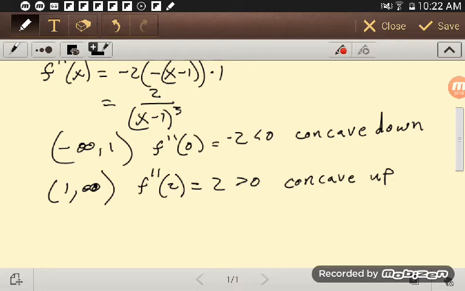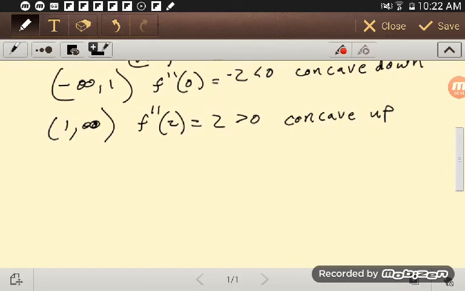But we don't actually have an inflection point because the function's not defined at 1. And so we have a function that's decreasing and concave down, which would look something like that. And then it is decreasing and concave up, which would look something like that, and we've got an asymptote there.